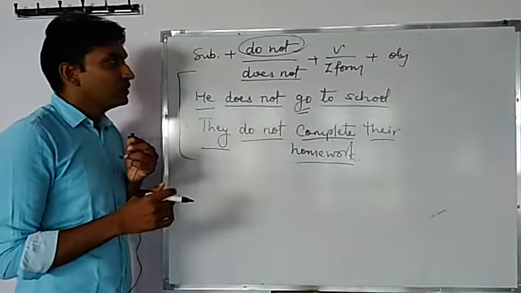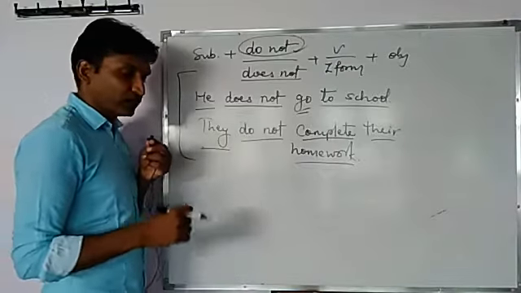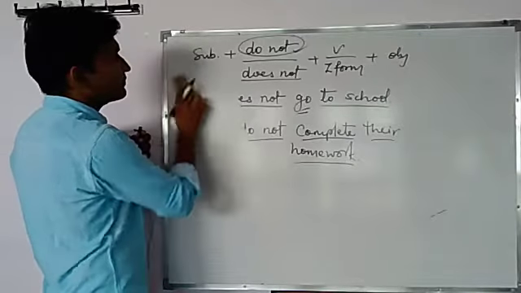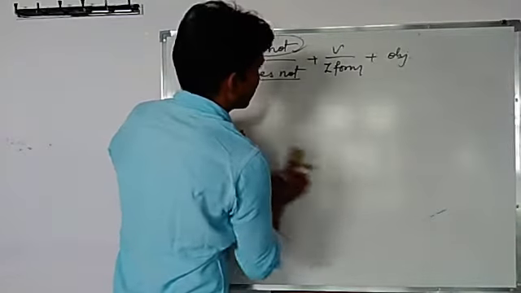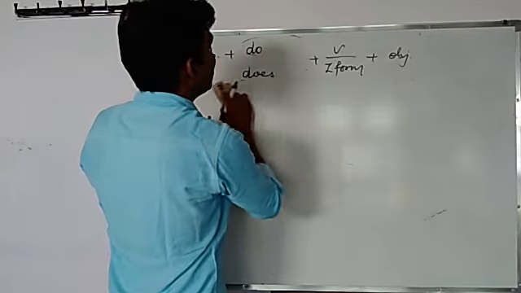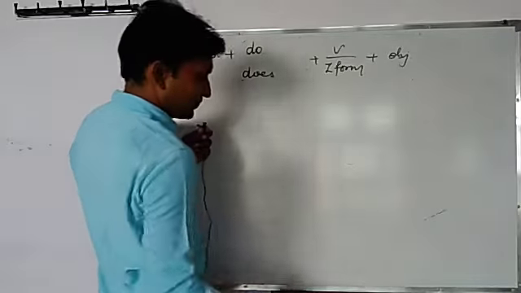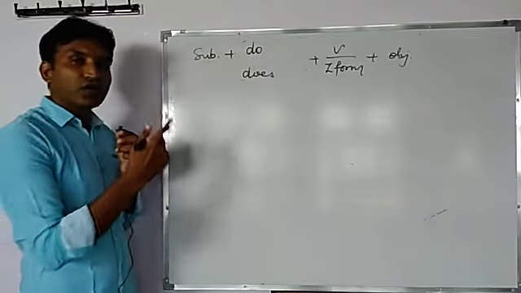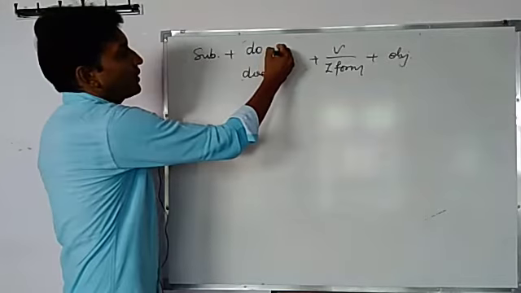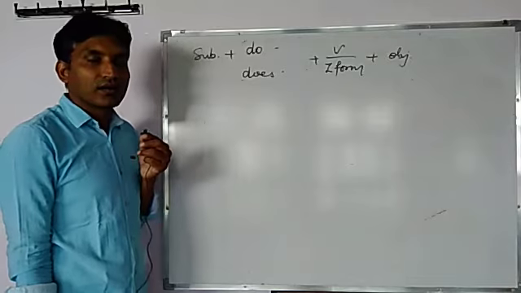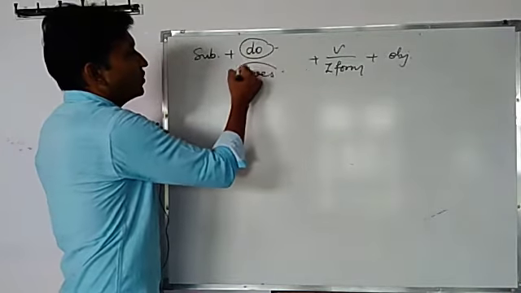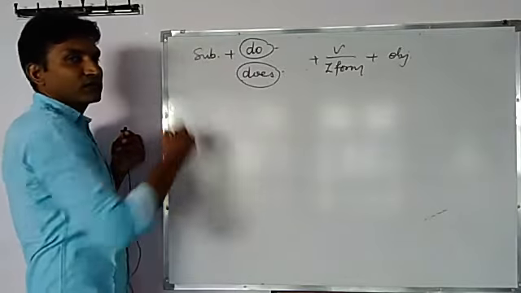Now we come to the interrogative sentence that starts with a helping verb. Look. Did you see? What am I doing? Did you notice? What did I do? I removed not. And now we have to place do or does before the subject.